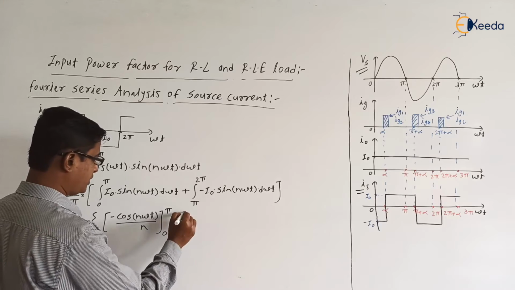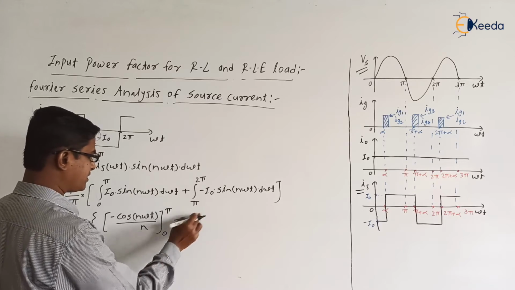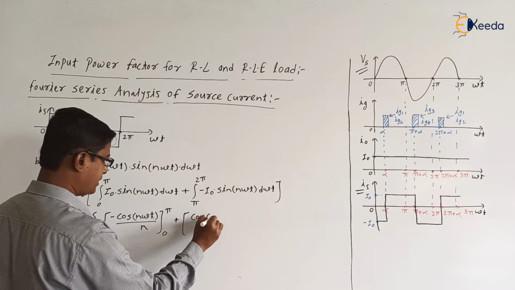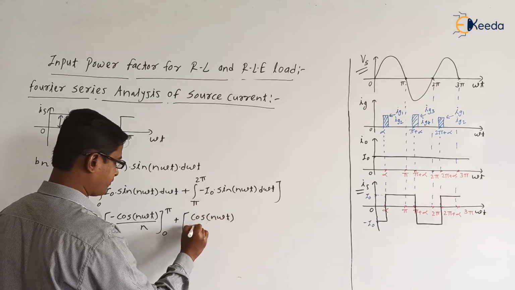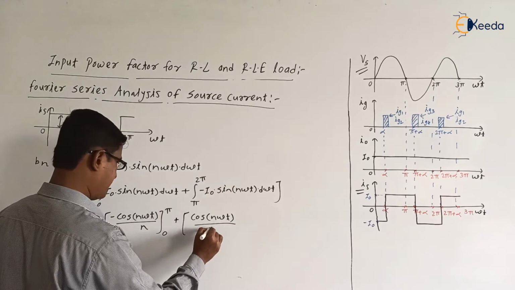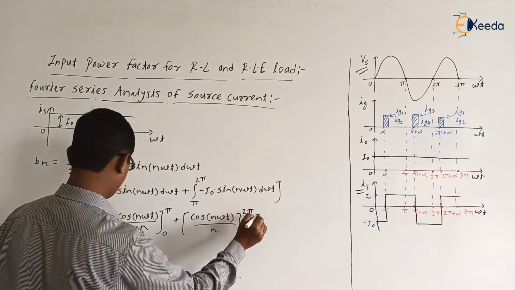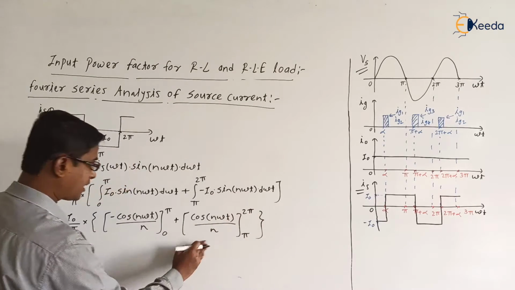Or we can take this minus and minus cos, so it will be plus cos of n omega t divided by n, limit pi to 2 pi. Further, can we put the limits?